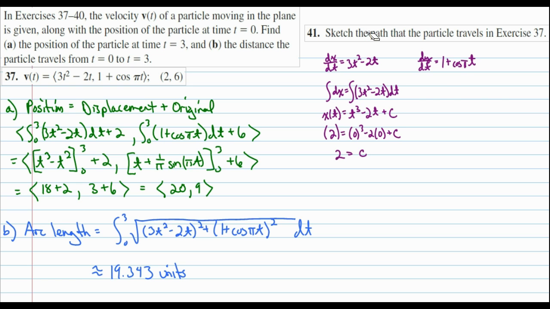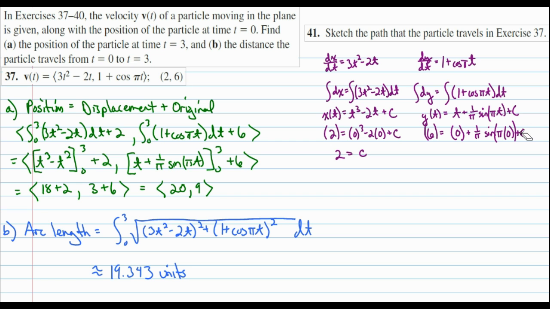Now vertically, I'm going to take the antiderivative of the vertical velocity and again solve for c by plugging in when t equals 0, the vertical position is 6. That means my final position vector is going to be t cubed minus 2t squared plus 2, comma t plus 1 over pi sine of pi t plus 6.